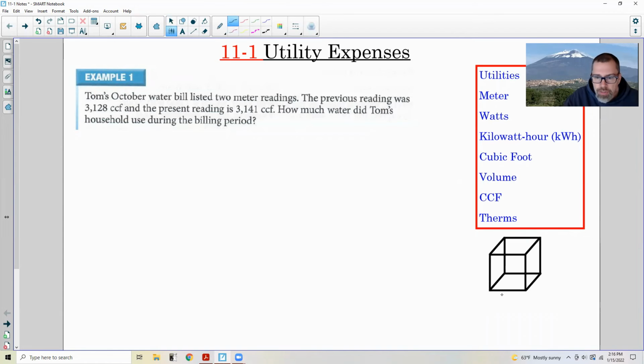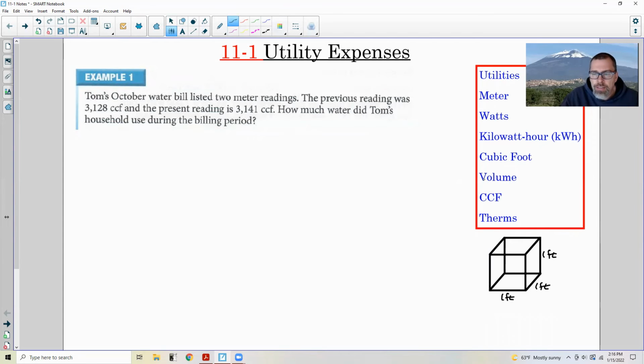If this side was 1 foot in length and the width was 1 foot, or our base was 1 by 1 and our height was 1 foot, then this is 1 cubic foot. Volume is just simply length times width times height when you're dealing with a cube. If it's a different shape, it's your base area times your height, etc.